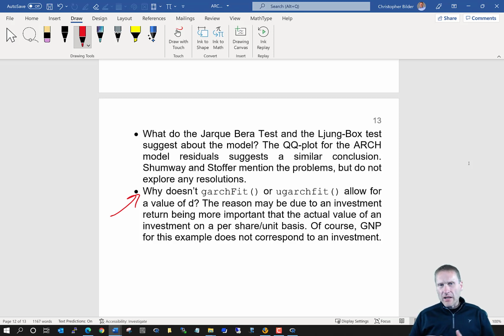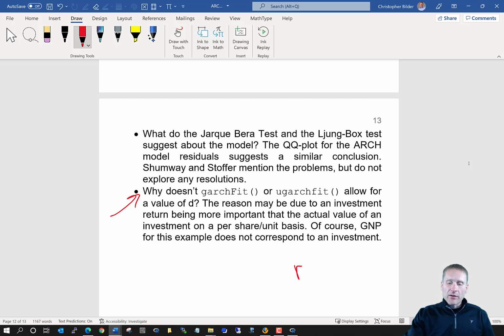Now this last note here is, why doesn't garchFit or ugarchfit allow for the value of d? Here's my speculation about what the reason is. These GARCH models are used a lot with financial time series. With a financial time series, actually understanding the value of, let's say, one share of a stock or one unit of some other kind of financial instrument is often not as important as understanding the return from one period to the next of that financial instrument, such as you have a 2% increase in the stock price over time.